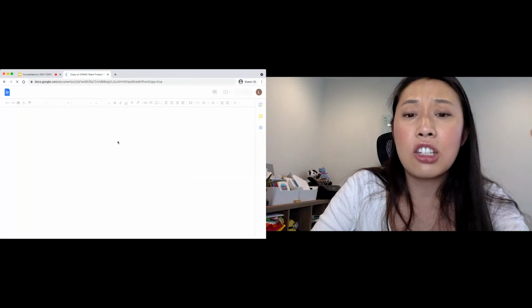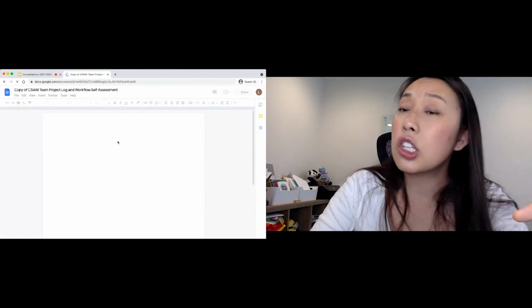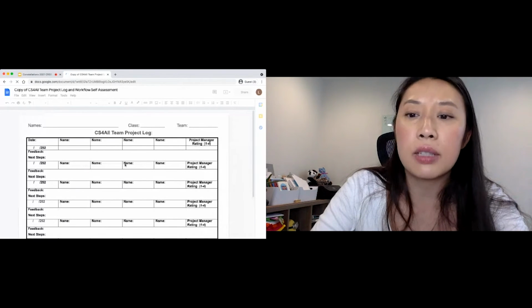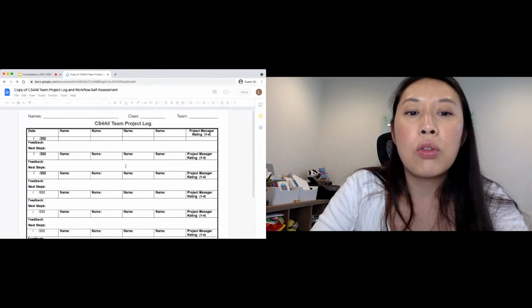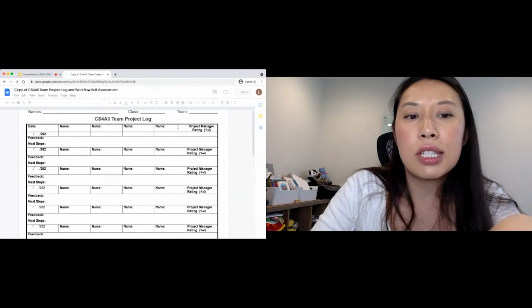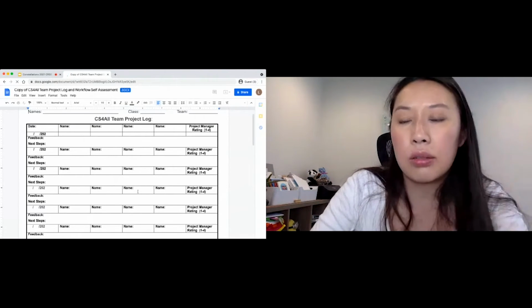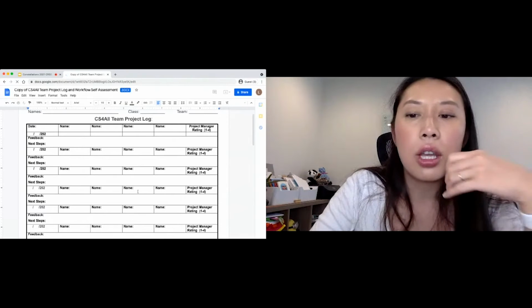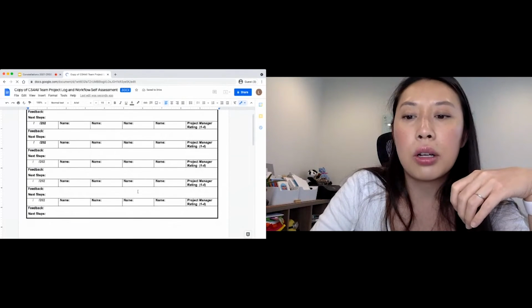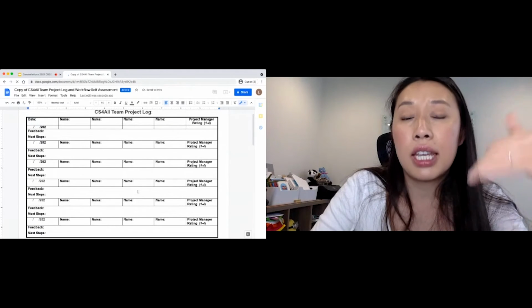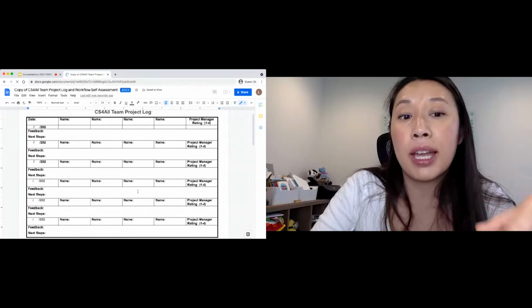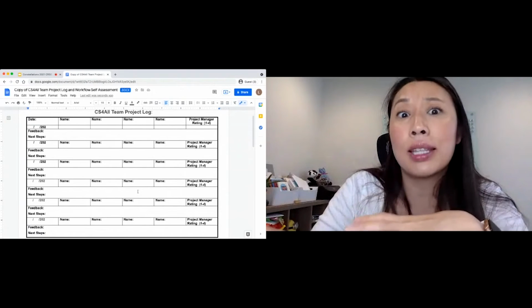I gave each team essentially a project log and a workflow self-assessment. You can obviously make this however you wish, but just so you have something to walk away with, each time they came to class, they had a different project manager, and the team got to rate that project manager.